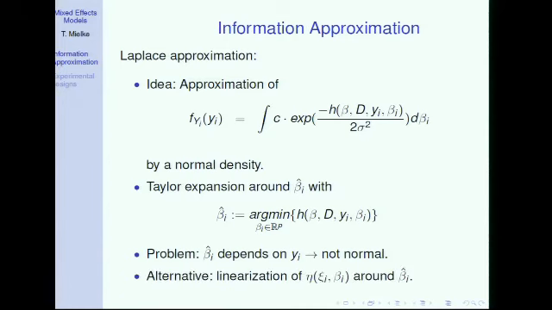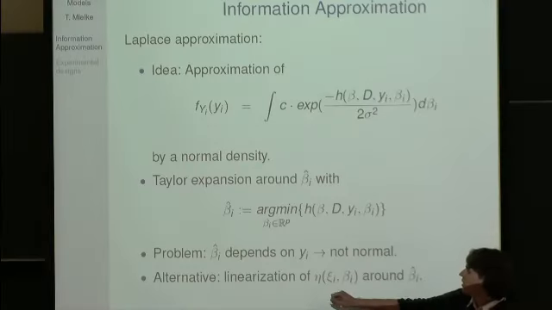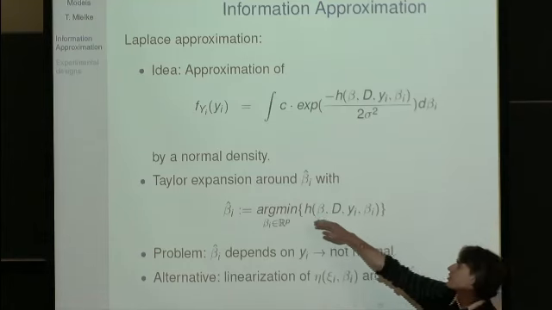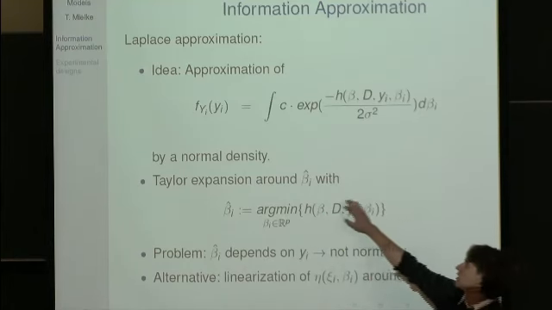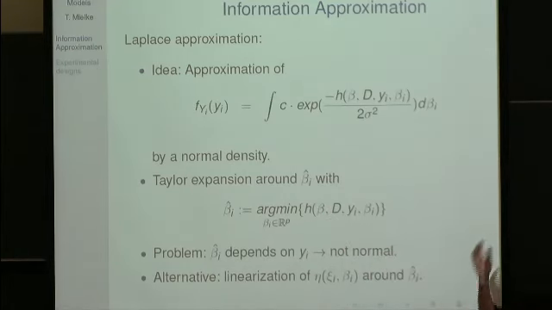But one might as well take a look at some other linearization. If we don't take the Taylor expansion of the whole function h, which is this sum of squares, we might just take some linearization of this eta. This leads to similar results, but with another variance matrix.